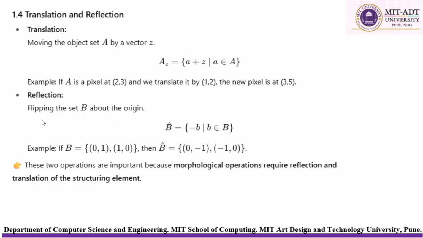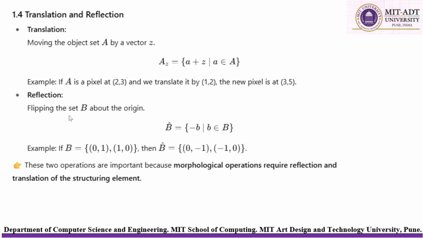In terms of the reflection operation, reflection is nothing but flipping the set B about the origin. You perform an image flip, either to the right side or left side, or upside or downside.